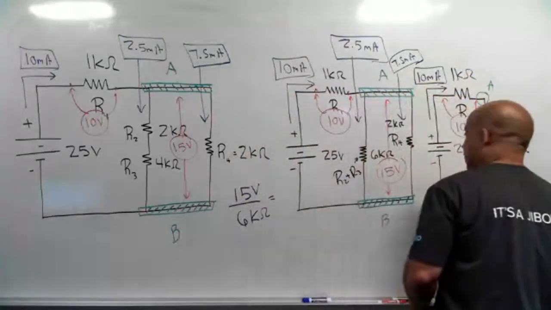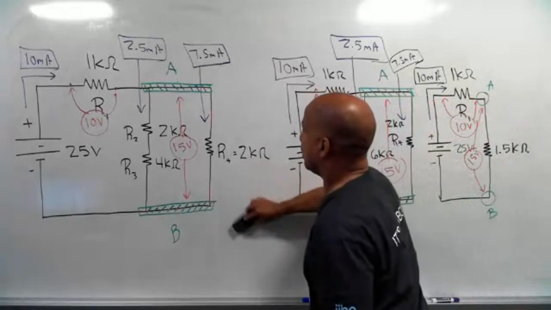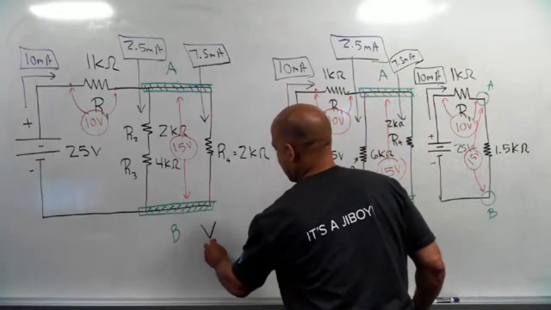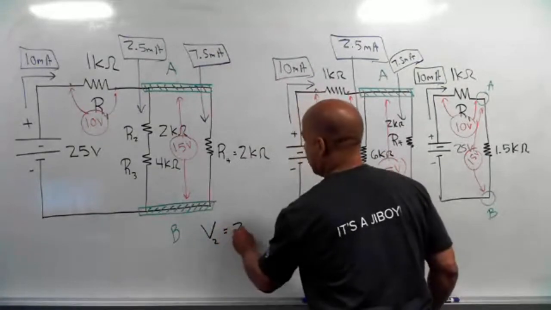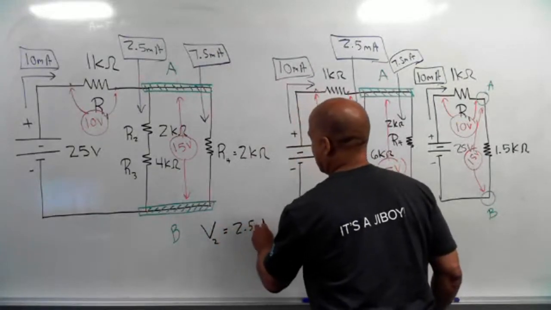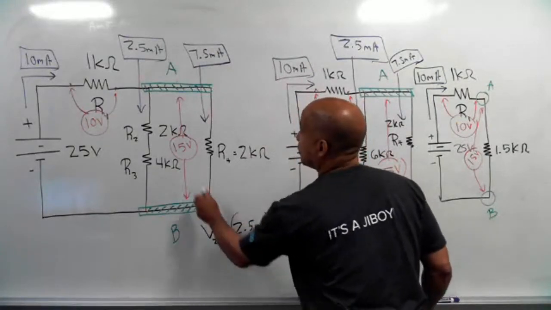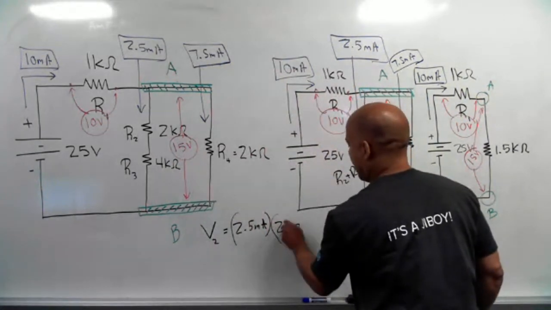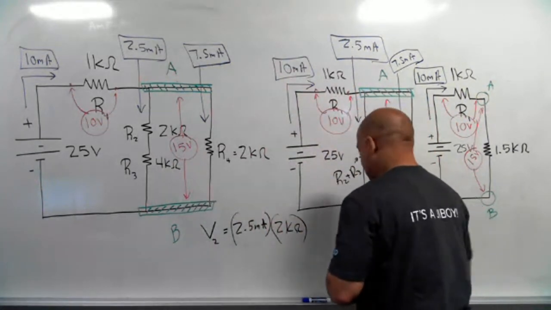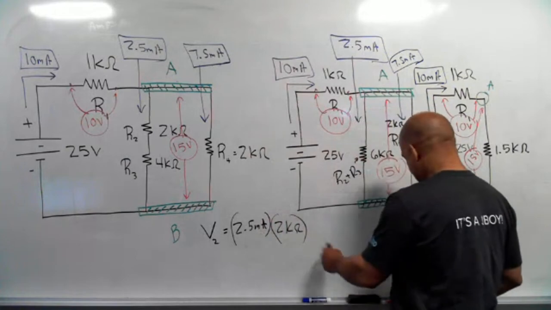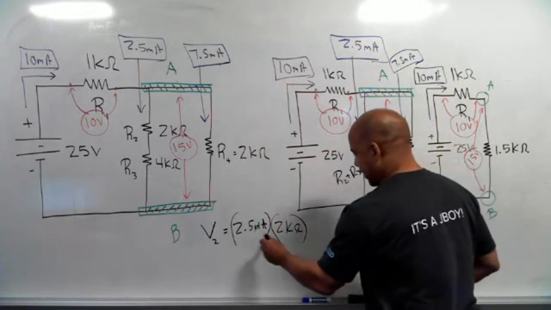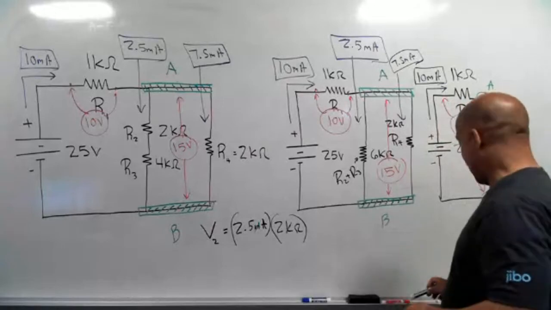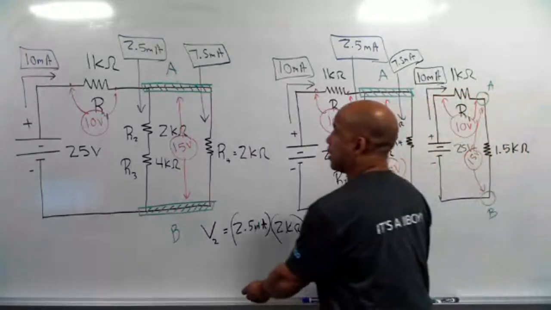So to find the voltage drop across R2, it's just going to be the current, 2.5 milliamps, times the resistance, which is 2K. And if you have the current in milli and resistance in K, you can just ignore those and go 2 times 2.5, which is 5 volts. So I got 5 volts across R2.